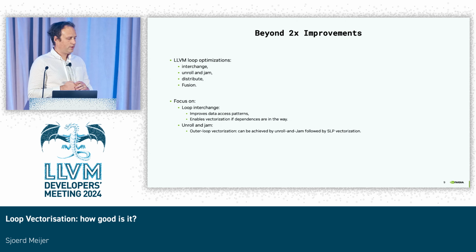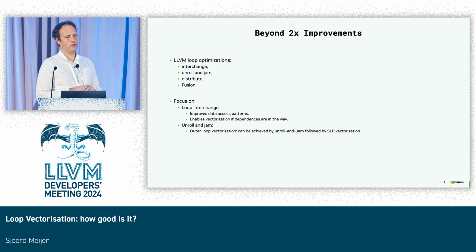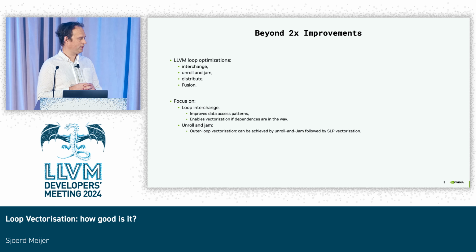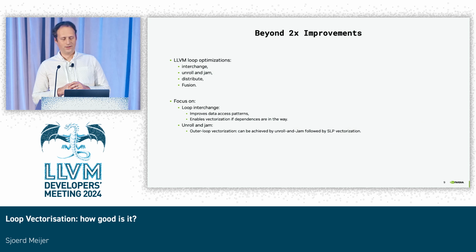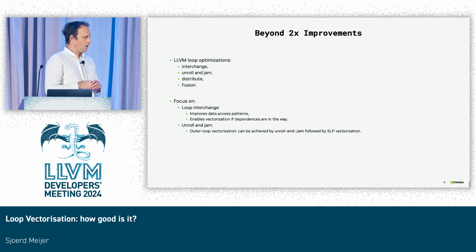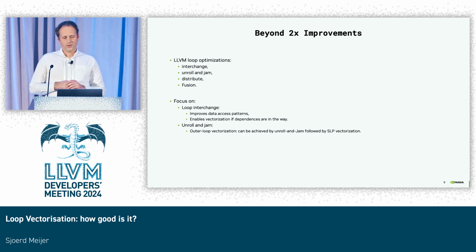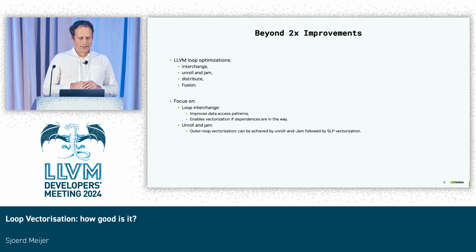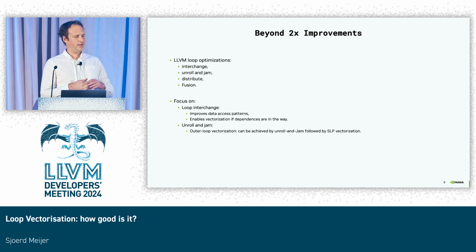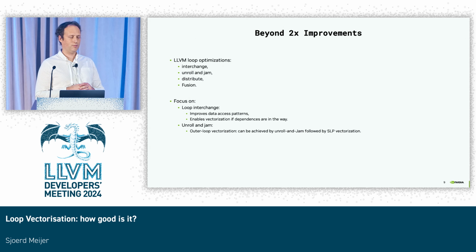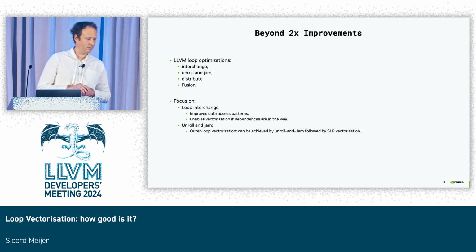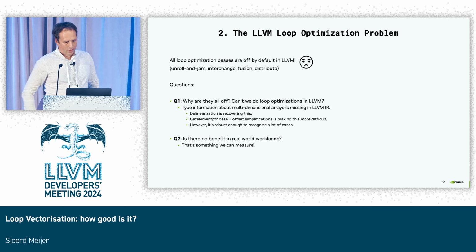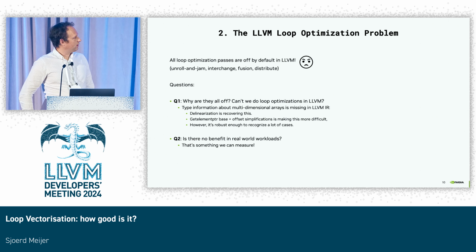And I will go into details, but loop interchange, because it's a general transformation, it's good for data cache improvements, and it enables vectorization if dependencies get in the way. And perhaps unroll and jam too, as I already mentioned, because it can achieve out-of-loop vectorization if it's combined with SLP vectorization. So that makes that a very interesting transformation.